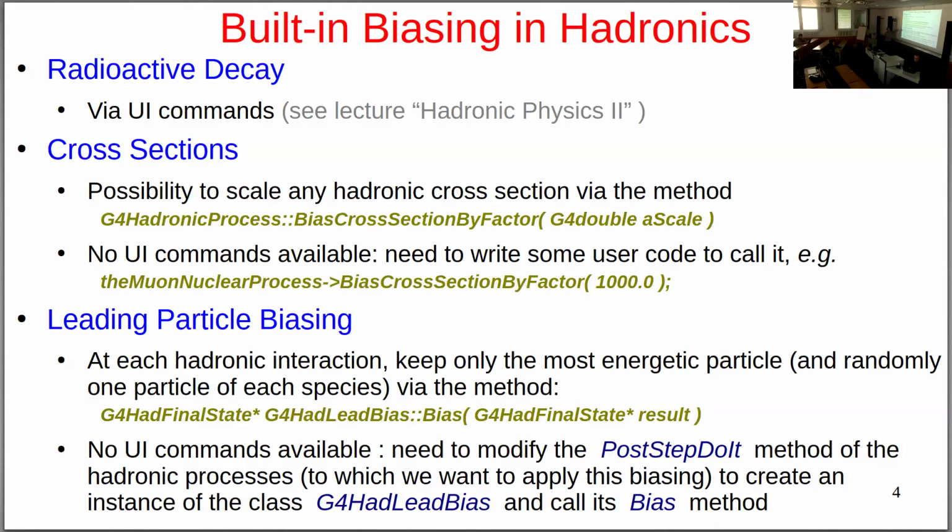And suppose that you want to enhance the muon-nuclear, you just call like this with 1,000 there. The problem is that it's not trivial to get this muon-nuclear process, and I will show you some code how to get it. And then there is the leading particle biasing, which I will describe later.